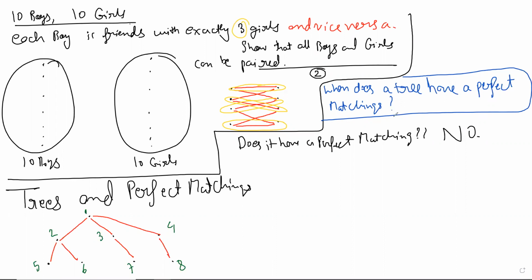Just general. Can you just give me an example of a tree with a perfect matching? A path? Anything other than a path? Obviously, an even length path has a perfect matching. Can you give anything other than a path?